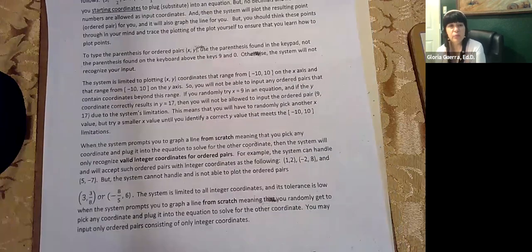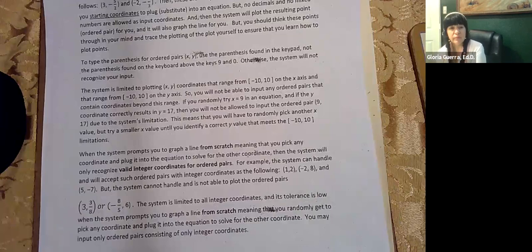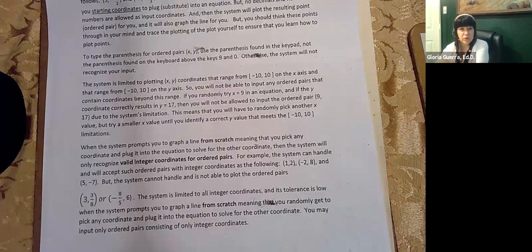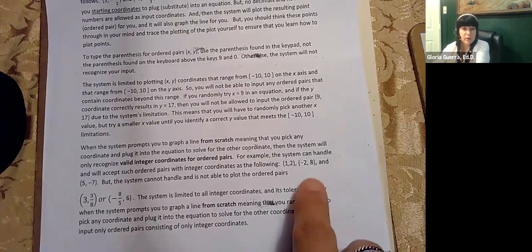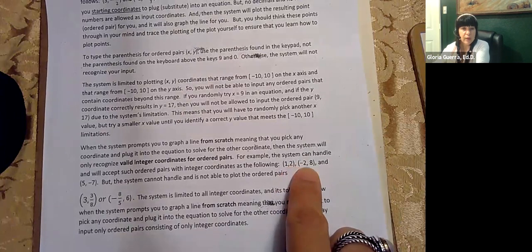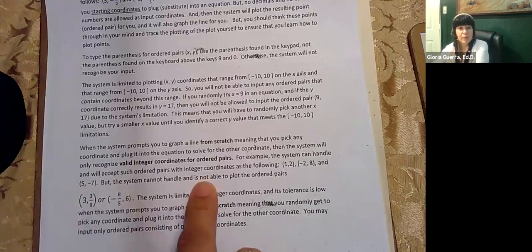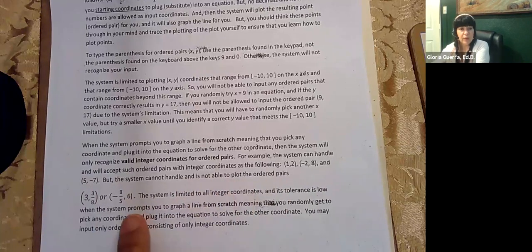And when the system prompts you to graph a line from scratch, meaning that you pick any coordinates and plug into the equation to solve for the other coordinate, then the system will only recognize valid integer coordinates for ordered pairs. For example, the system can handle and will accept coordinates like (1, 2), (-2, 8), and (5, -7), but the system cannot plot something like (3, 3/8) or (-8/5, 6).